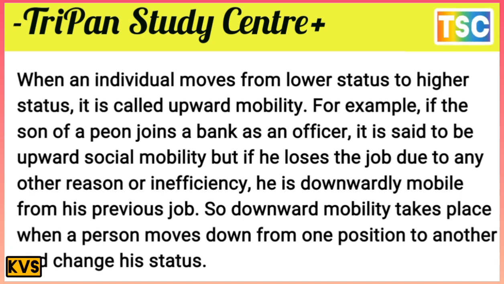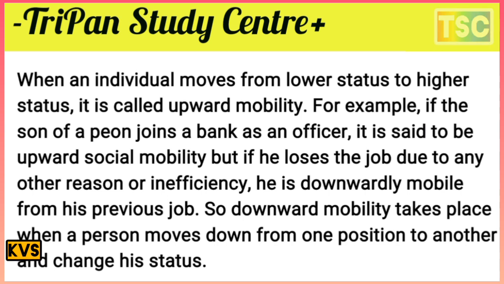For example, if the son of a peon joins a bank as an officer, that means he moves from a lower status to a higher status, which is upward mobility. This example is important: the son of a peon joined the bank as an officer, and it is said to be upward social mobility.